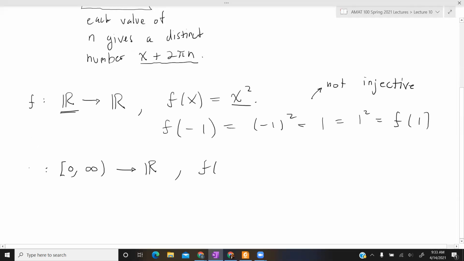If I take g, and g of x is x squared on that domain, then this is injective. And therefore it's invertible onto its image.